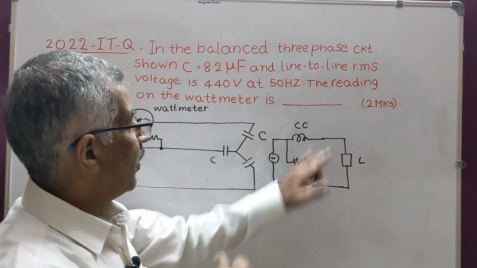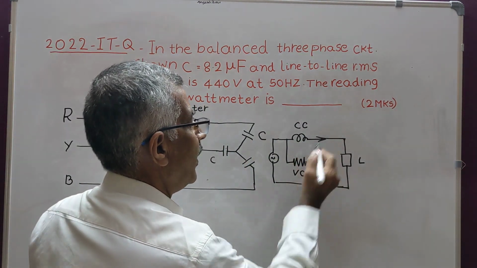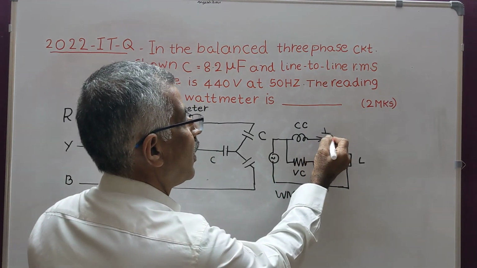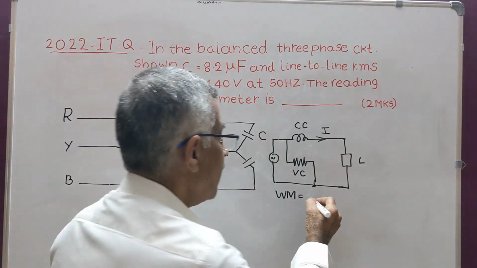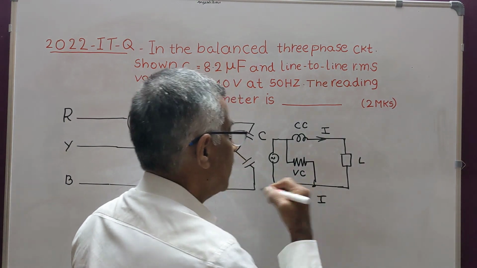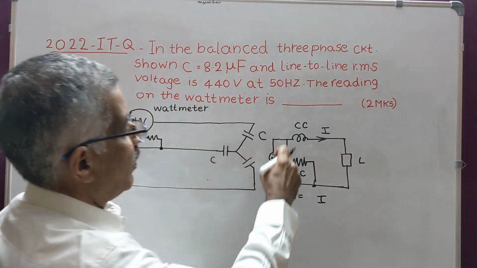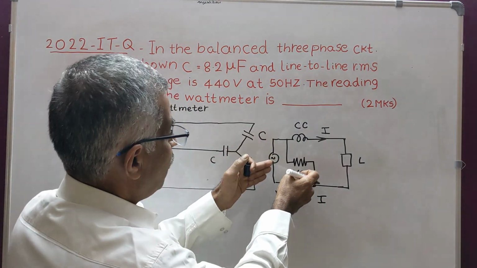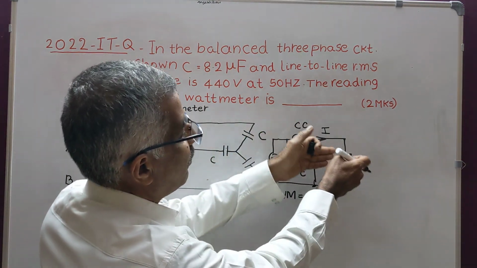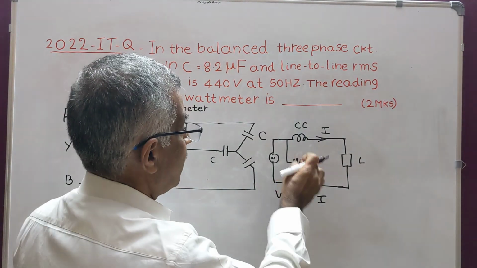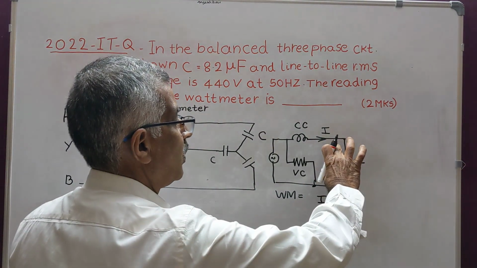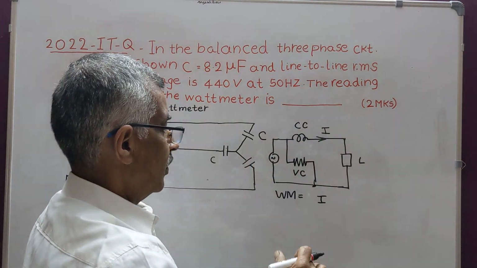So what is the wattmeter reading? Wattmeter reading is given by current in the current coil and the voltage across the voltage coil. It is as good as supply voltage. It is as good as load voltage, because the resistance of the current coil is negligible. Therefore, this voltage is same as this voltage.